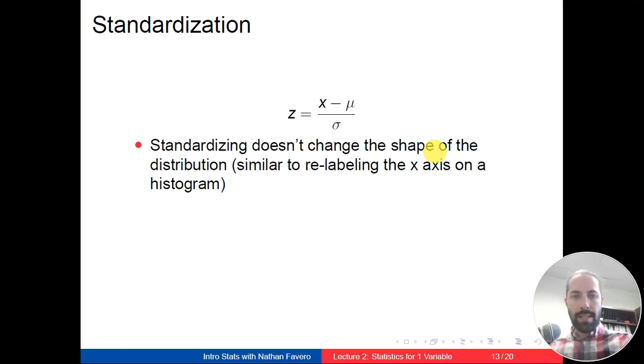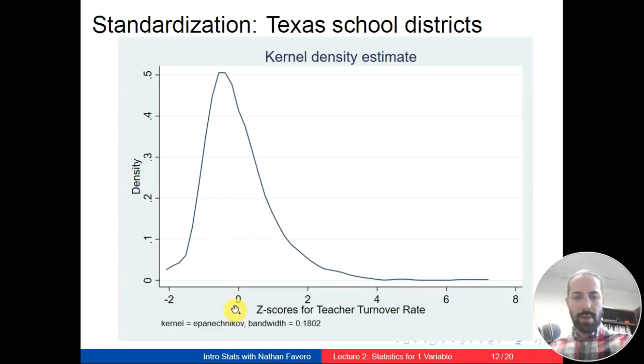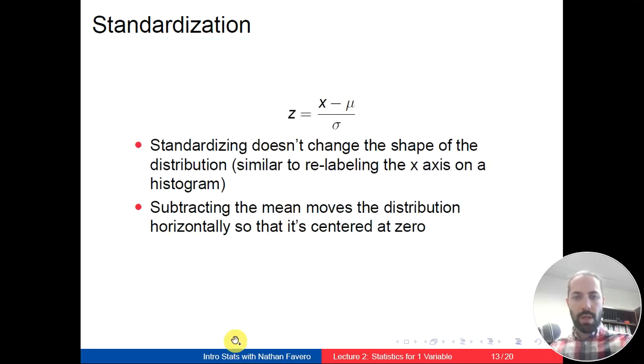Notice that standardizing, like we said, doesn't change the shape of the distribution. It's similar to just relabeling the x-axis on a histogram. And in terms of what this formula actually does, subtracting the mean from x moves the distribution horizontally so that it's centered at 0. In other words, it makes it so that 0 is going to be the mean of the distribution.